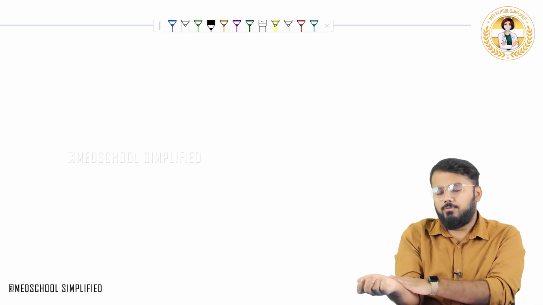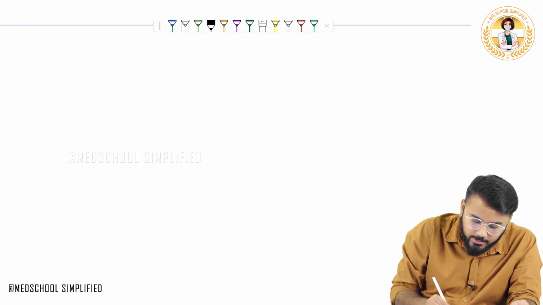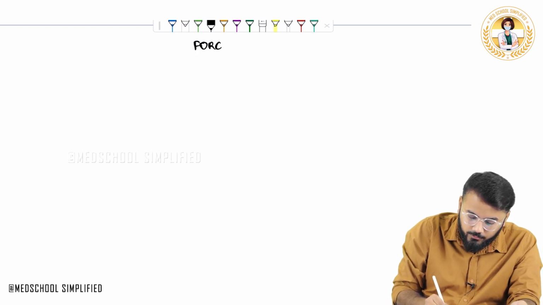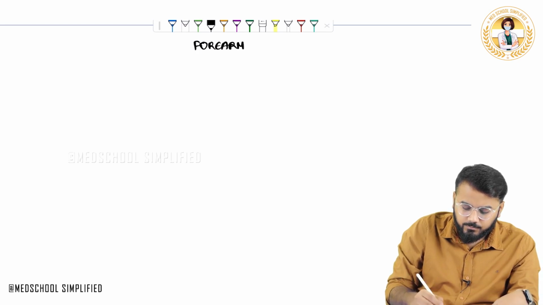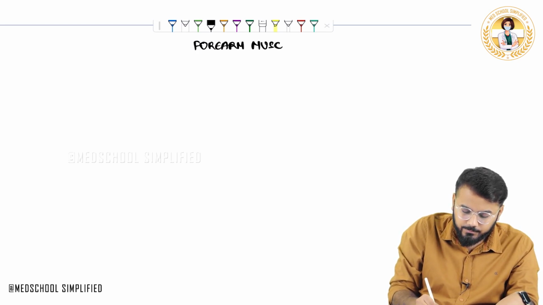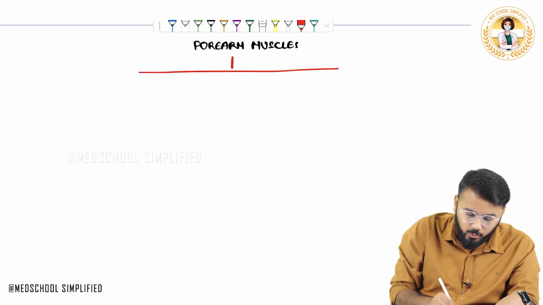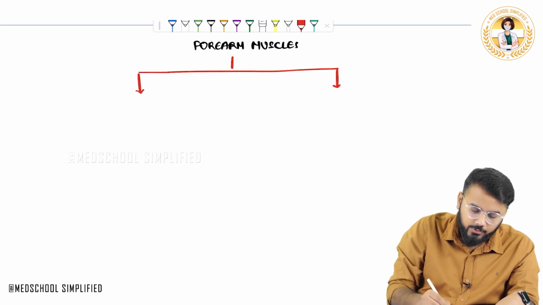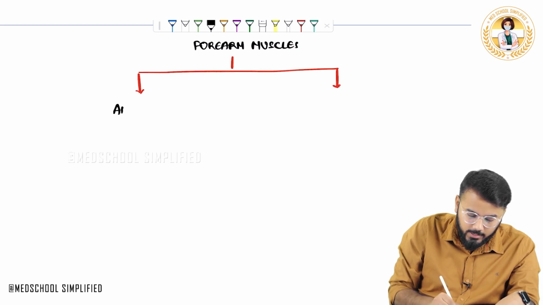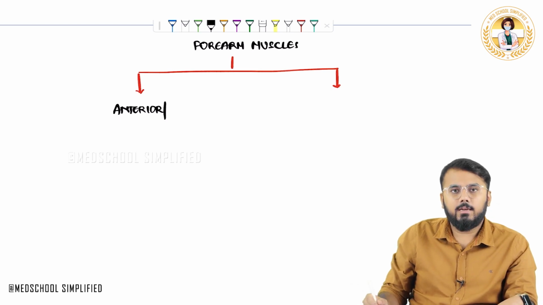Now when it comes to the forearm, again the same classification. The forearm muscles are basically divided into two groups. One is the anterior compartment. What is the other name for the anterior compartment?